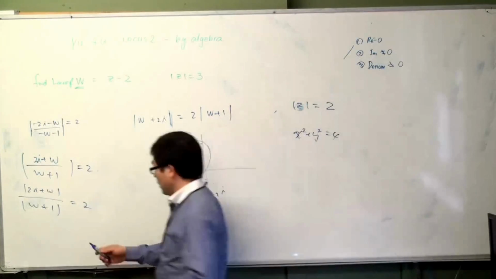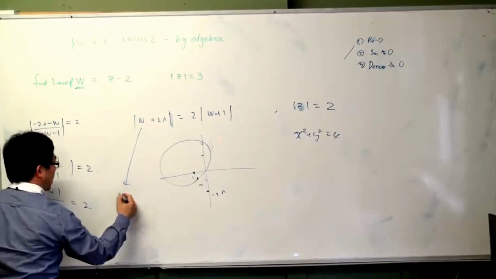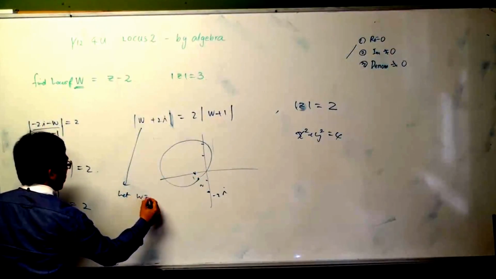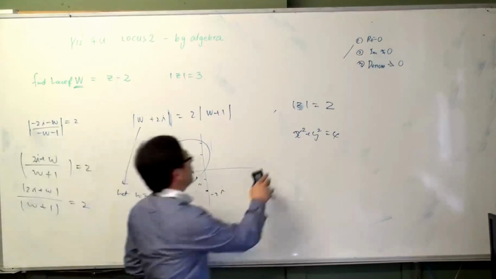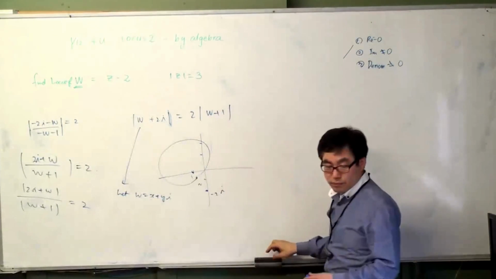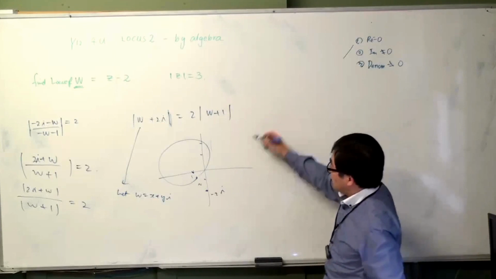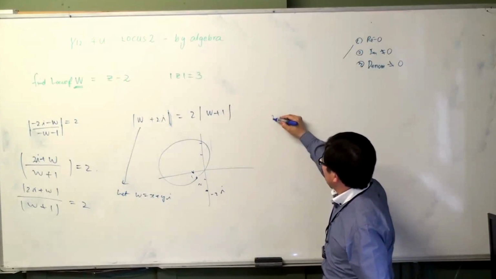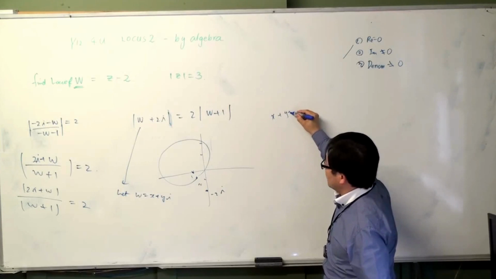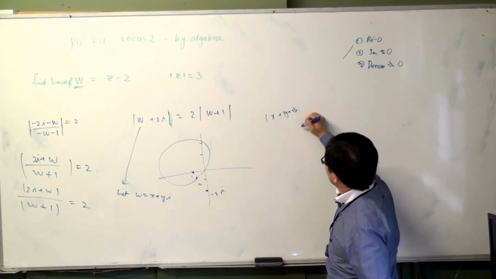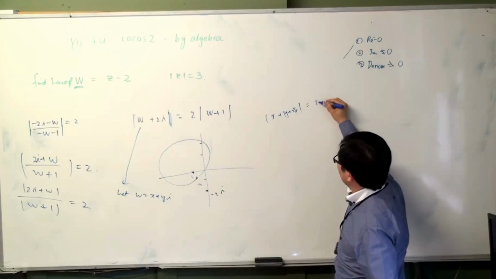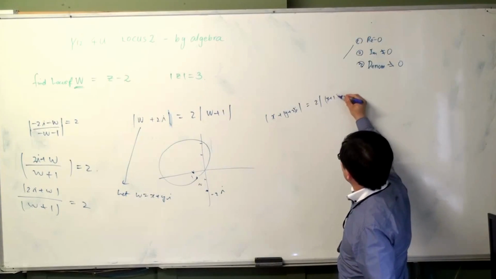Algebra. Then there's a time you can say let w equal x plus yi. And in this case, the modulus of x plus (y plus 2)i equals twice the modulus of (x plus 1) plus yi.